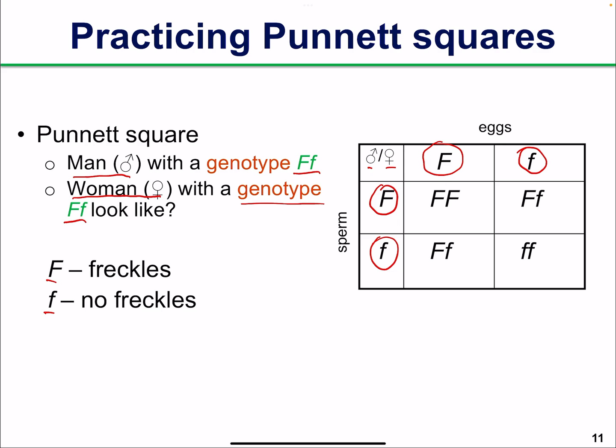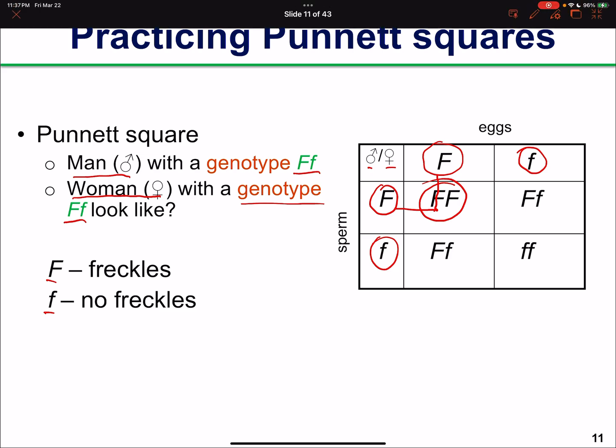And now we are going to cross them. So we're going to cross capital F and capital F so that we have this genotype here. Then we're going to do the same thing here. Let me change my color for clarity.